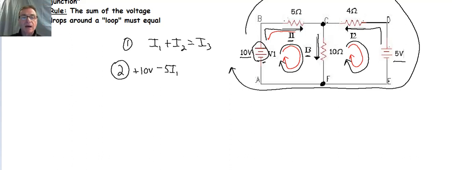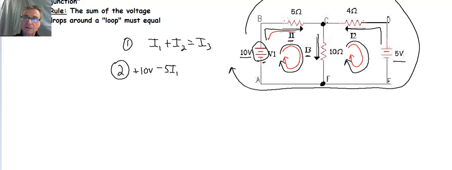All right, so I have a positive 10 volts because it's a voltage rise. The voltage drop across the 5 ohm resistor is going to be negative. Remember that the sum of the voltage rises and drops must equal 0. A voltage drop is going to be negative. Now I continue around my loop.